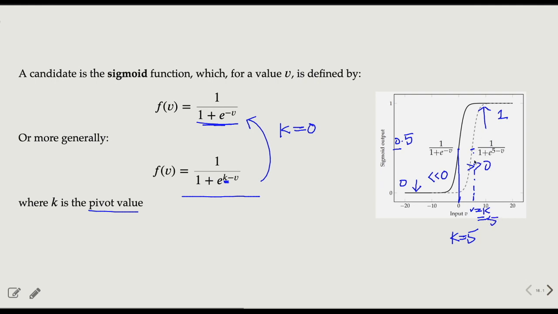This is where the curve pivots. You can see that the sigmoid function moves this way below the pivot value, and then it turns after the pivot. That's why this k is called the pivot.